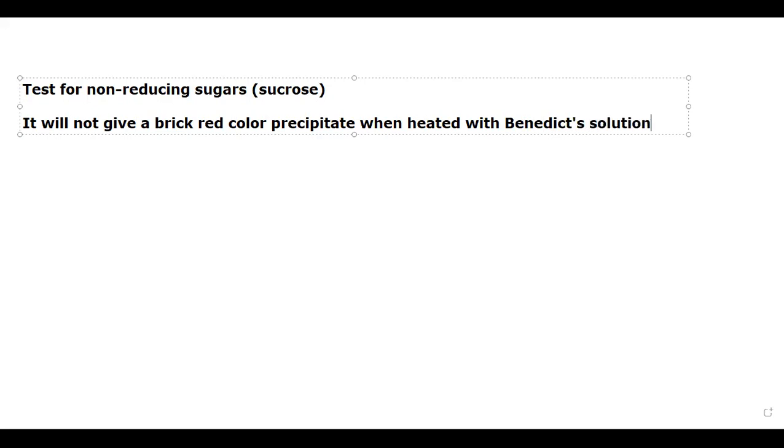That is confirmed. That kind of sugar we call non-reducing sugar. Now you are heating a sugar and it is not coming. You take some sucrose and heat it with Benedict solution. Will you receive any precipitate?